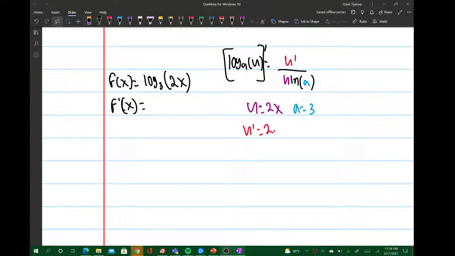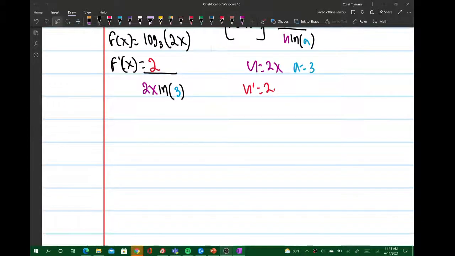So really we're gonna have u prime, so we have 2 over 2x over here, and then ln of 3, like that.